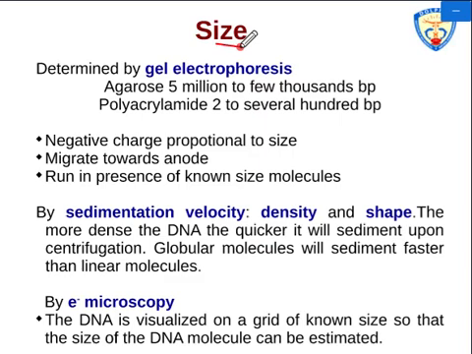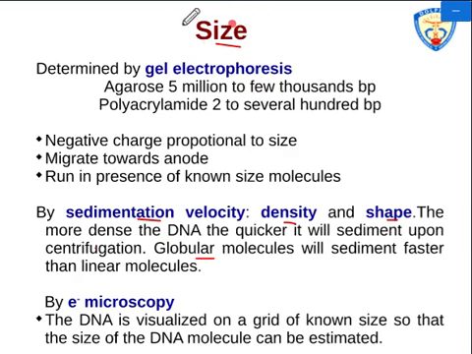Another property is the size of a nucleic acid molecule. How do we determine the size of a nucleic acid molecule? One thing we discussed in the last lecture also: the sedimentation velocity of a molecule depends upon its density and its shape. That is, if the molecule is more dense, it will quickly sediment down upon centrifugation, and also globular molecules sediment faster than linear molecules.